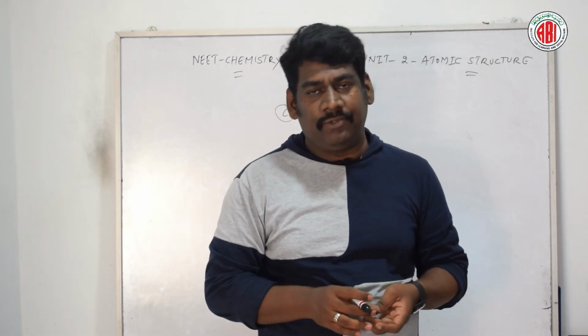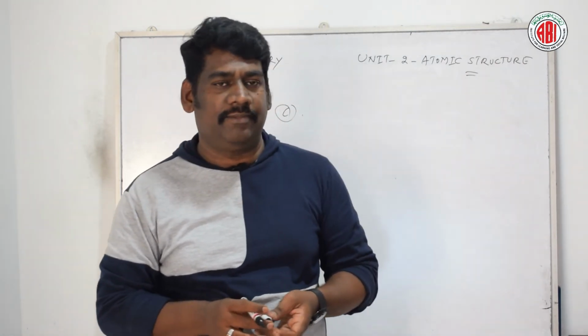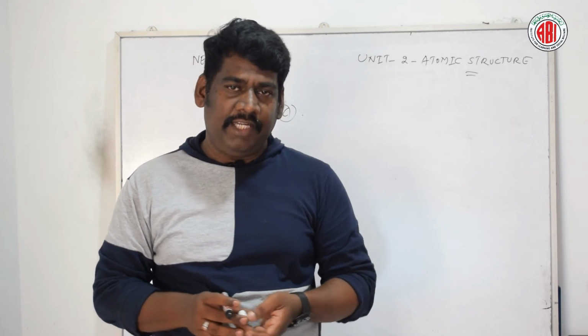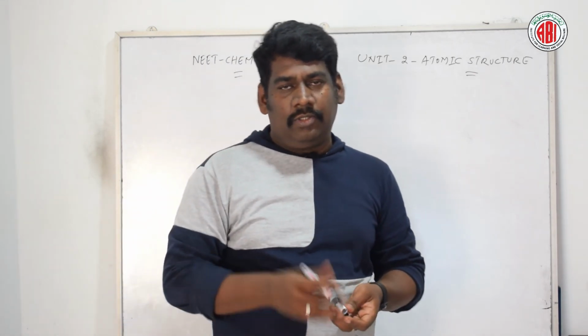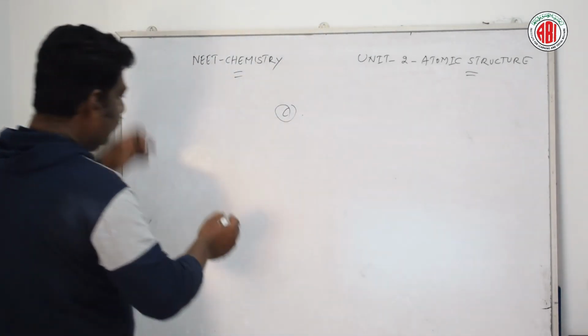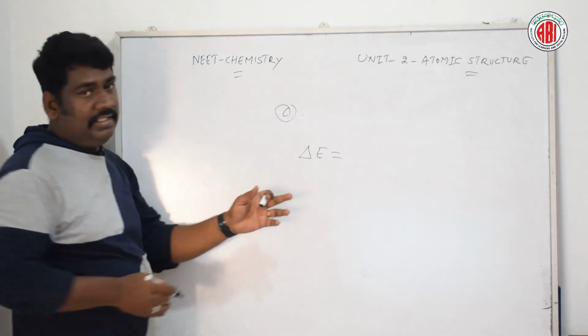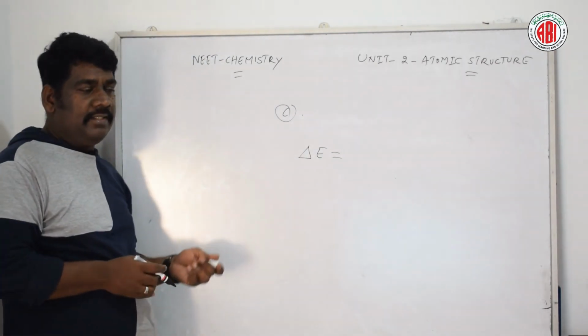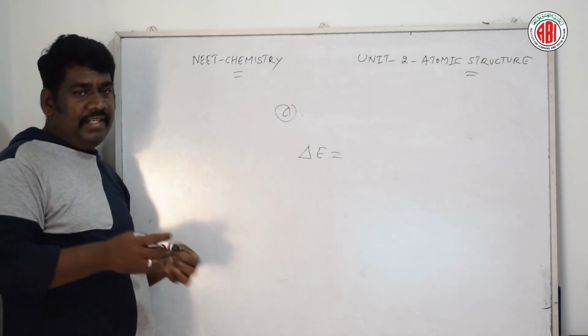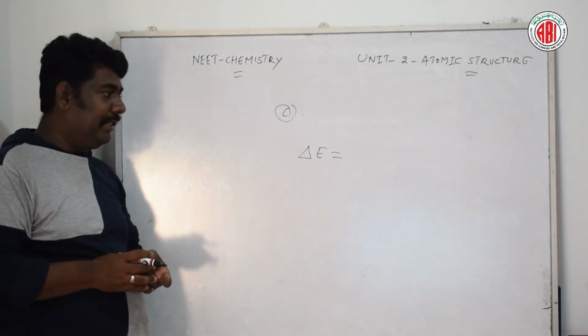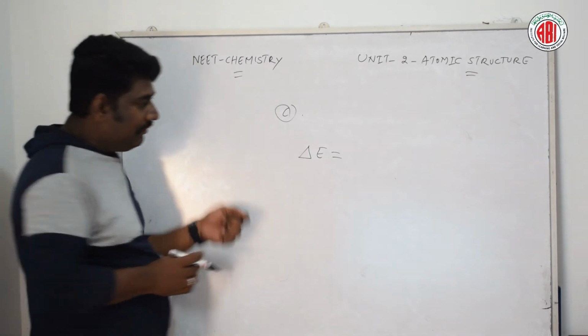The energy of the photon obtained from the transition from N6 to N5 will have the least energy. We know the formula for delta E for finding the least energy transition from different levels of the orbit.